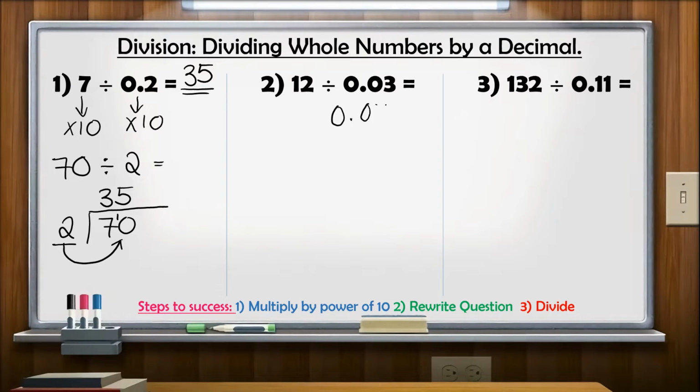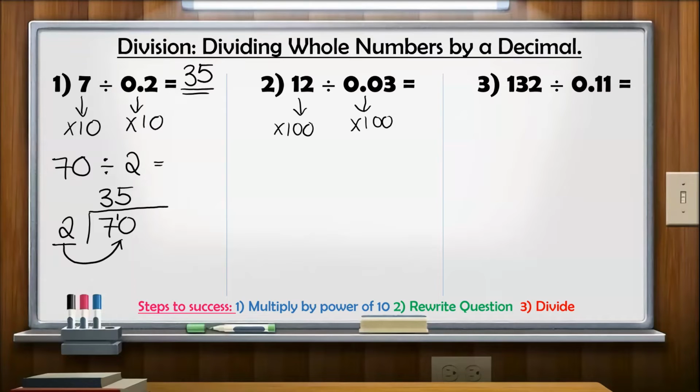In order to get it to the smallest whole number it could be, I'm going to multiply it by 100. So I'm going to move my decimal place 2 places to the right. If I multiply by 100, it gives me the number 3. So if I multiply my 0.03 by 100, I have to also multiply my number 12 by 100. So that is step 1 complete.